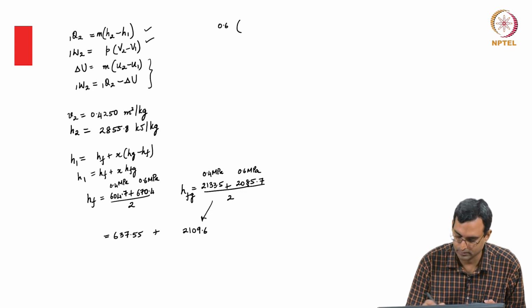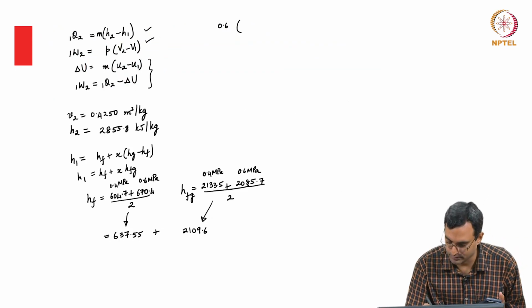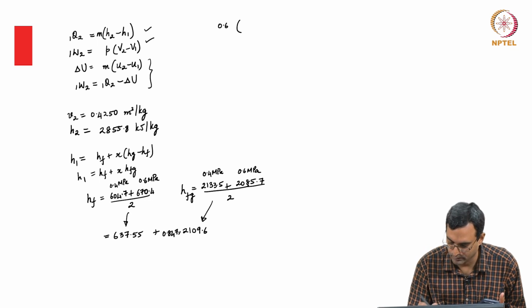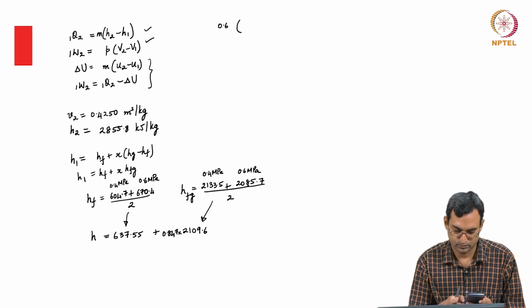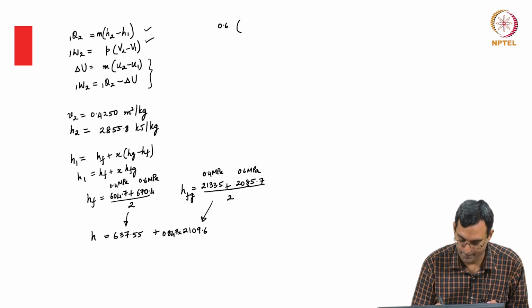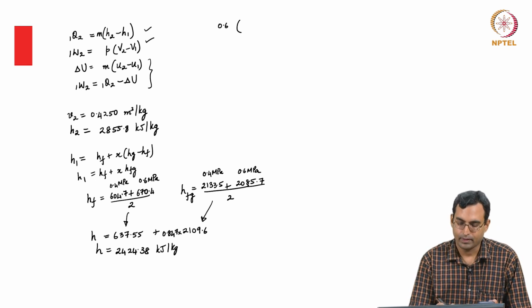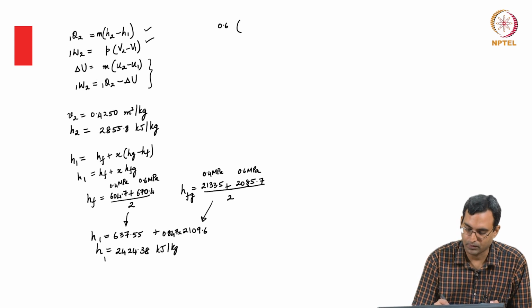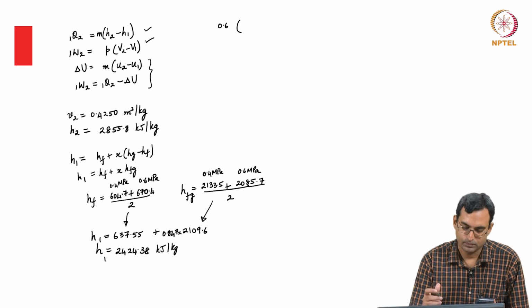This is here, this is here, and I have x, which we found as 0.847. So, we have the enthalpy initially as this value by substituting into this equation, and the final enthalpy we have as this value.